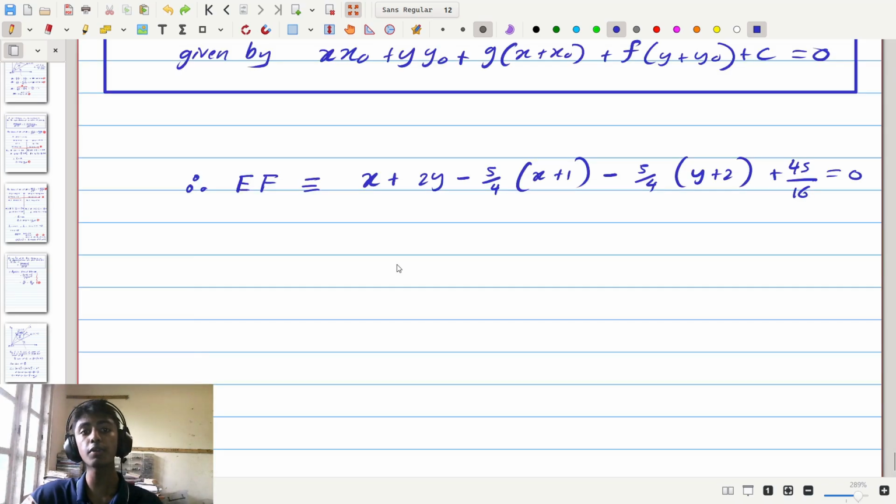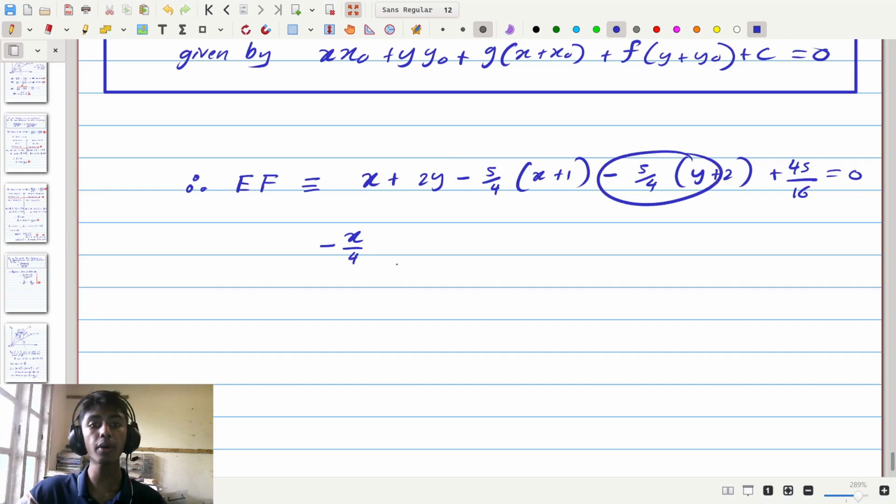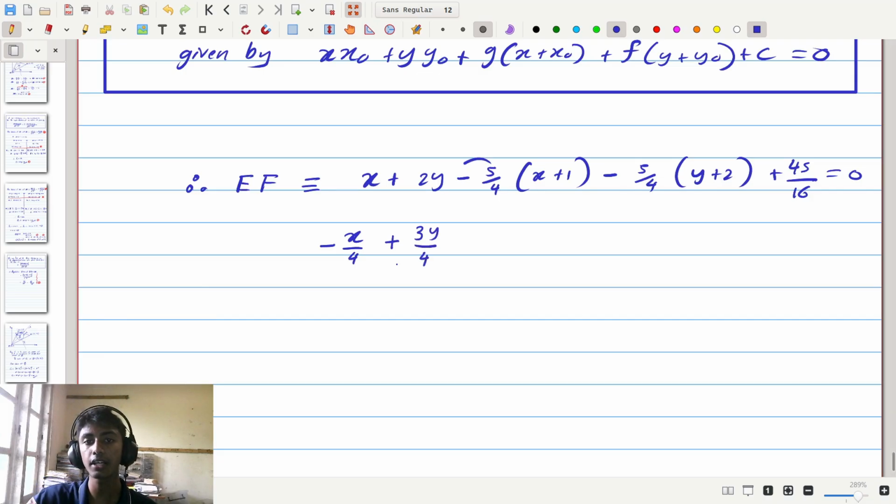Now if we simplify all of this down, we can see we get x minus 5 over 4x, which is going to be negative x over 4, and we get 2y minus 5 over 4y, which is going to be plus 3y over 4, and then we get minus 5 over 4 minus 5 over 4, a minus 5 over 2 and a plus 45 over 16 equals 0.